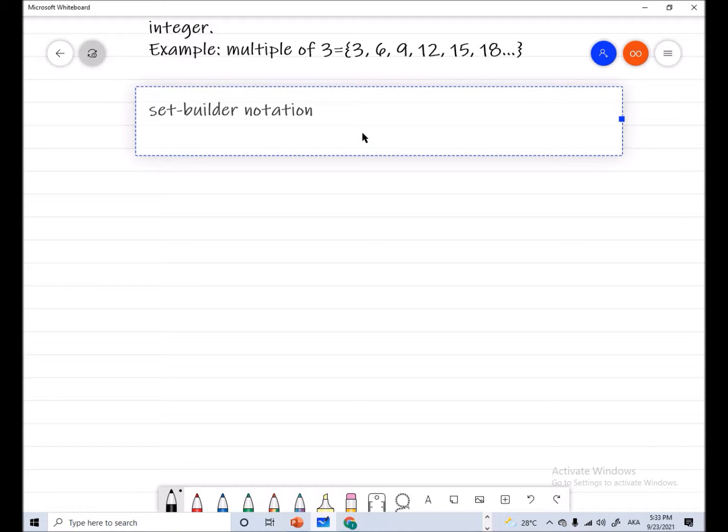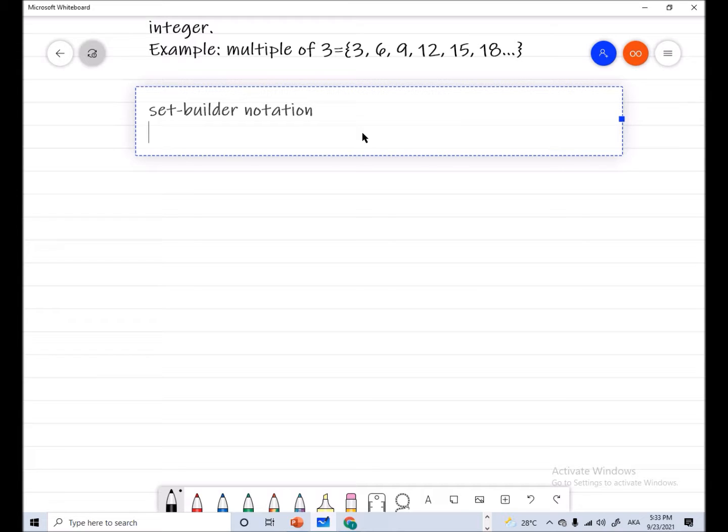So let's see. We can describe a set by using some of the properties that we've defined under set.